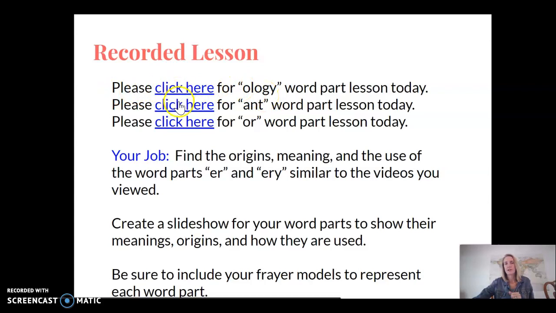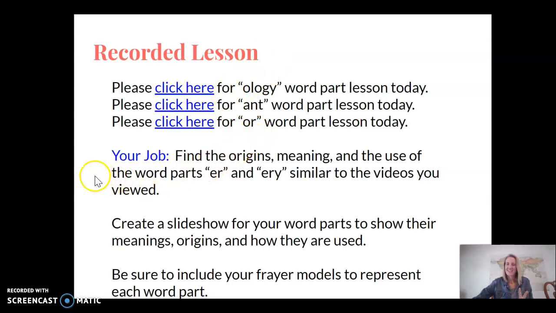Okay, you have 3 short videos that you will watch to fill in your Fryer model. So we have one made for ology, ant, and then for or. Okay, so that's the first step, is to fill in the Fryer model for those 3 word parts.